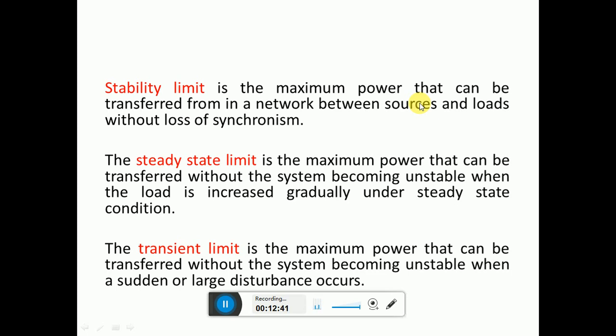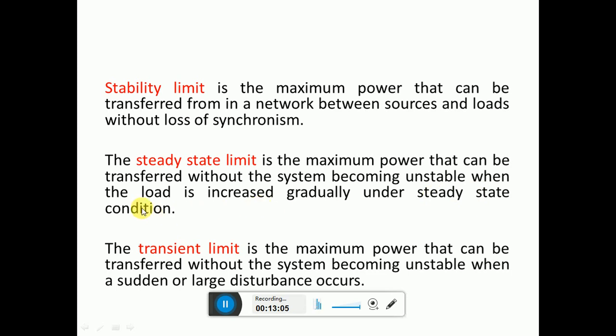That is the maximum power which can be safely transferred from the source to the load. And steady state limit is the same thing, the maximum power that can be safely transferred from the source to the load without the system becoming unstable.